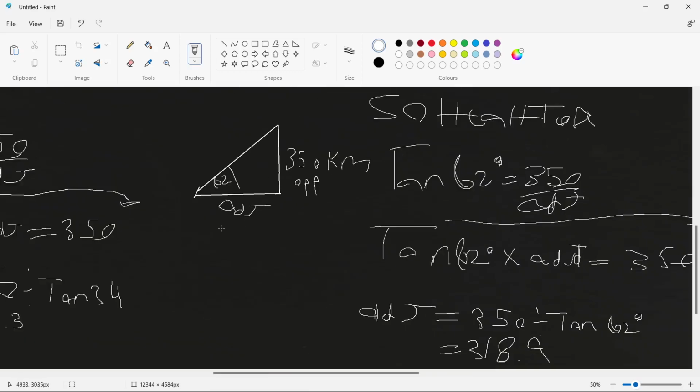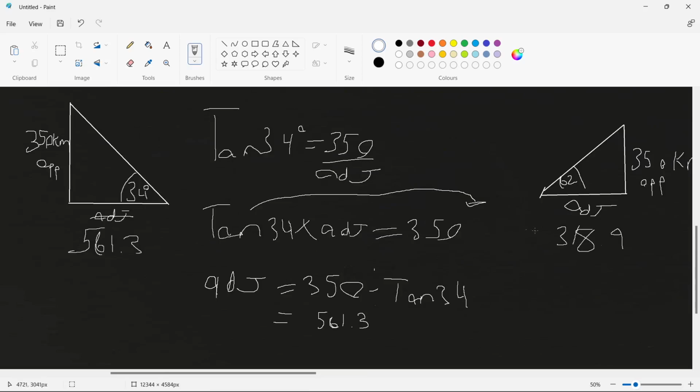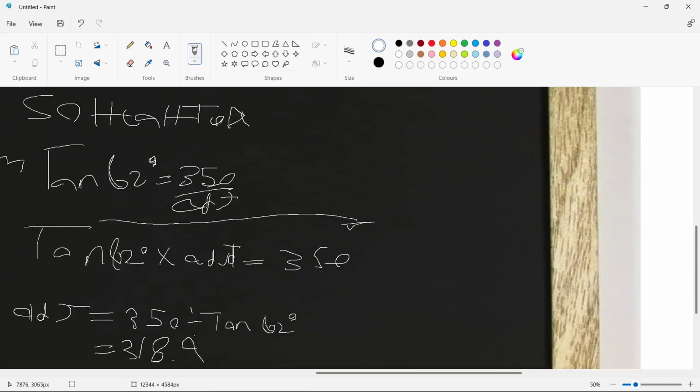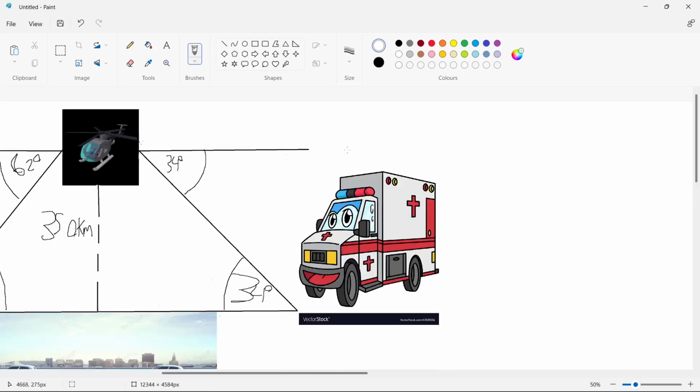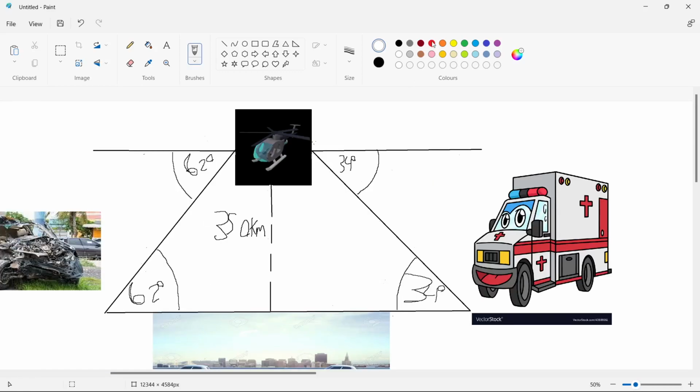Now with the remaining answers, 561.3 and 318.9, we're going to add them together. 318.9 plus 561.3 equals 880.2. And boom, we're already done question B.